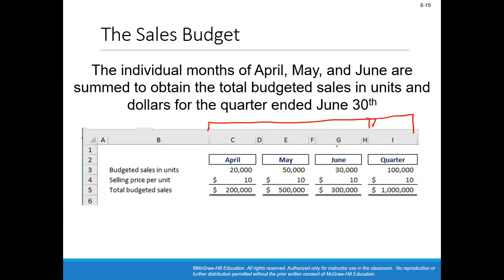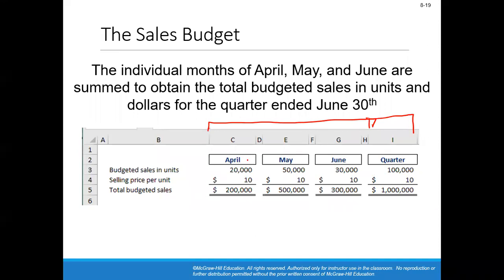Okay, so we have identified our time period here, April, May, June. Now, as I mentioned, our first figure should be the sales in the sales budget. We have been given the budgeted sales in units: 20,000, 50,000, 30,000 in each month, and in total it is 100,000.